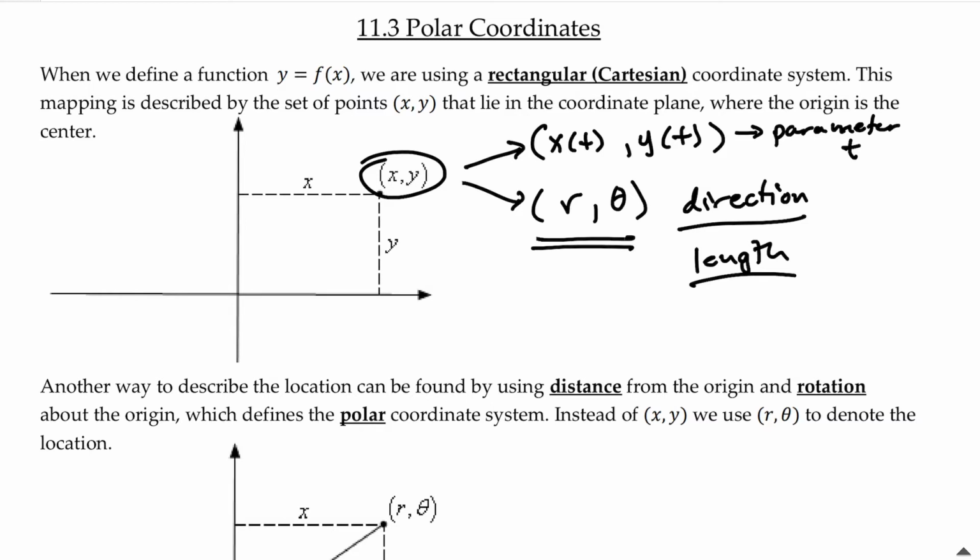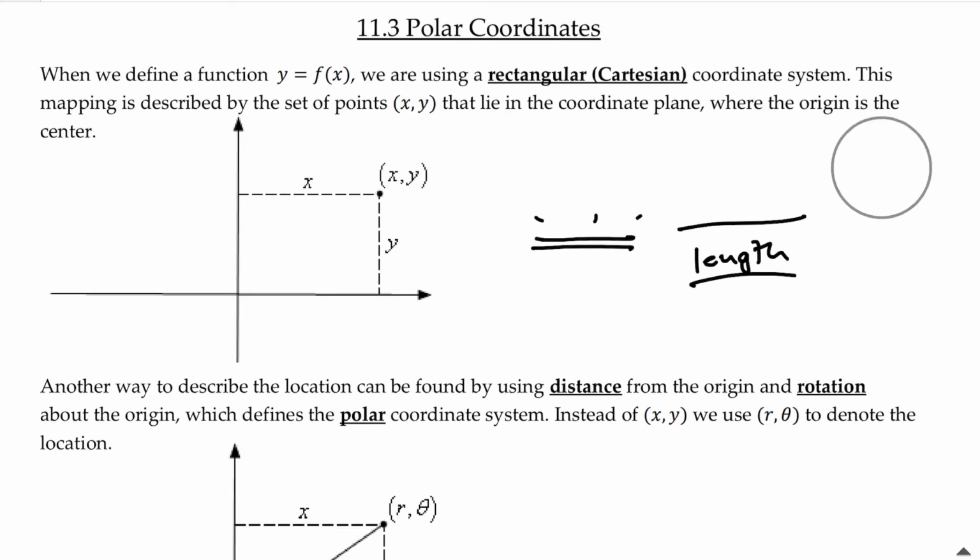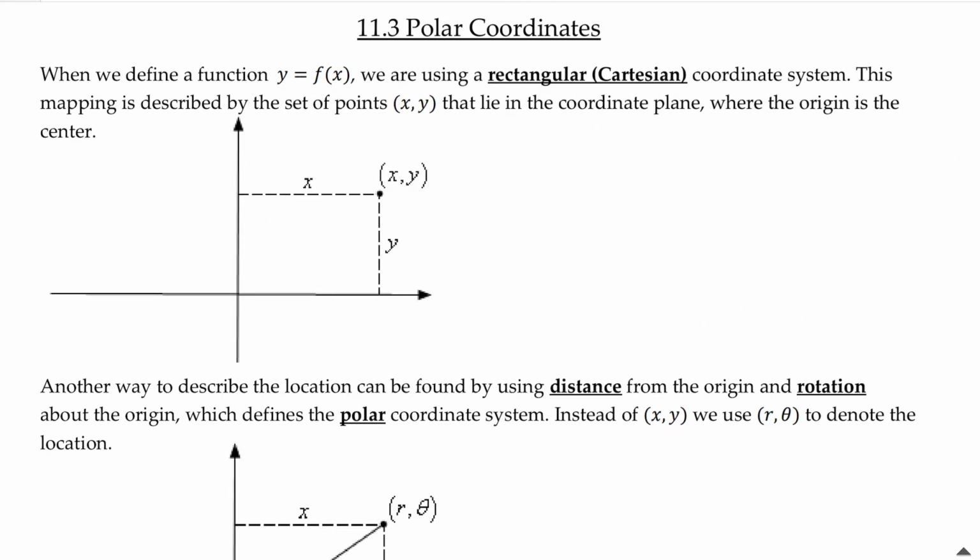But for r and theta, instead of measuring our functions as the distance horizontally and then vertically as being our representation of how to get from the origin to a point, we're now going to instead measure an angle and a distance to get to that point.